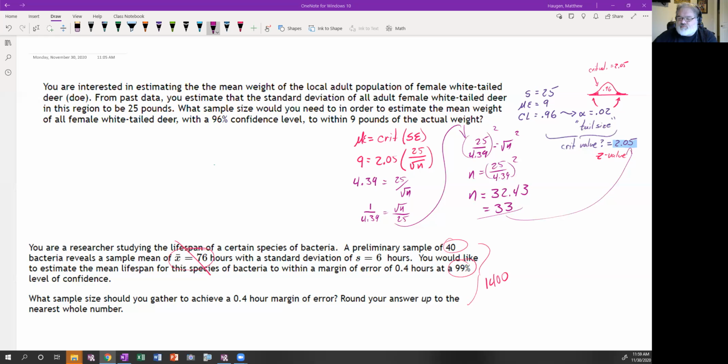That's not where I got this problem from. Where did I get this problem from? Okay, I don't know where I got this problem from. Check.